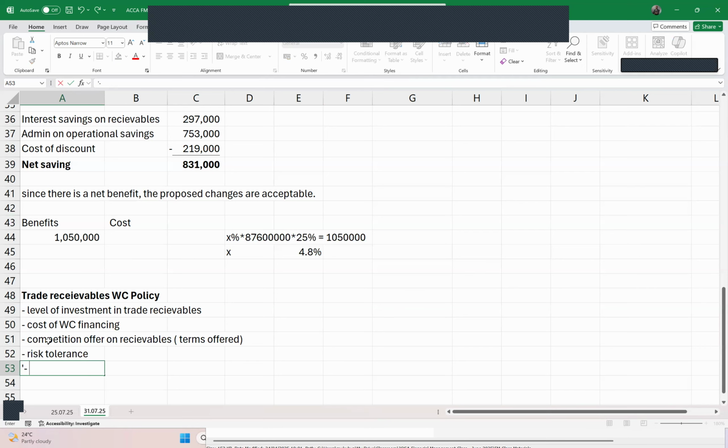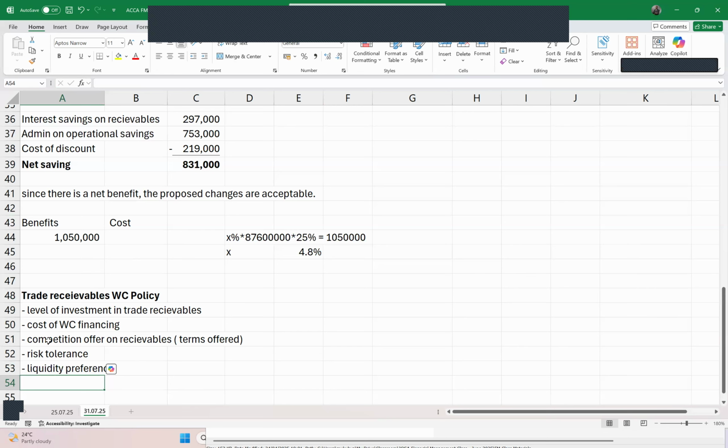Then the other thing is liquidity preference. Liquidity preference means some companies prefer to have cash rather than sales. When you sell on credit, you have so much in sales, but you don't have the cash, and some companies can't survive being illiquid. So if your issue is liquidity, you may try to have terms whereby people pay you earlier.